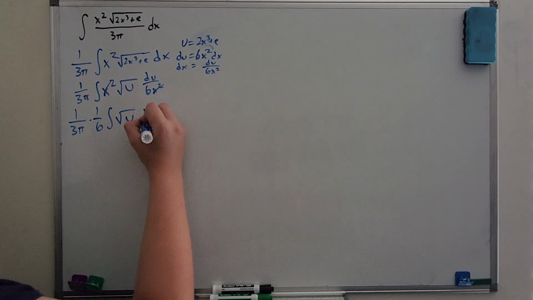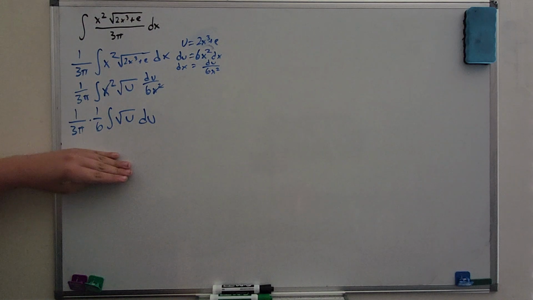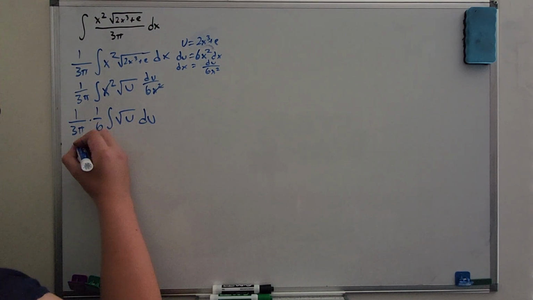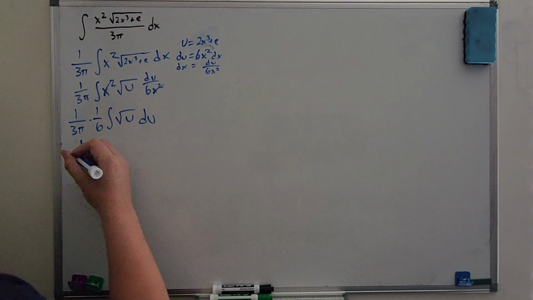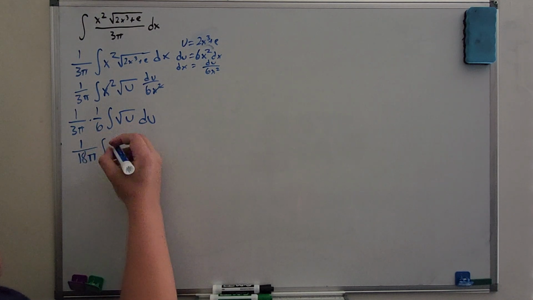And now we have our simplified version in U substitution form. So now we can combine that. That'll just be 1 over 18 pi. That's an 18, not 11. And now we can focus on this.